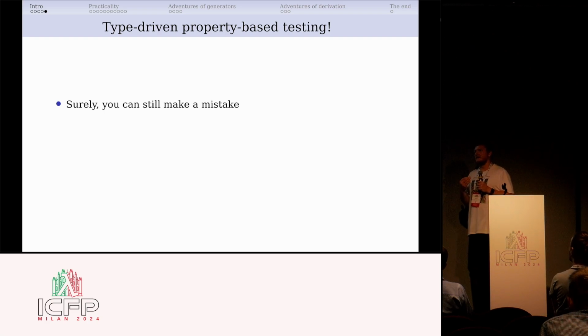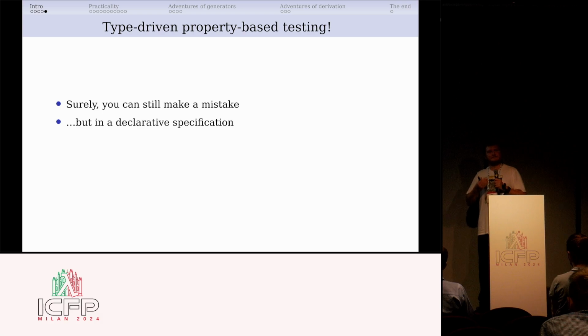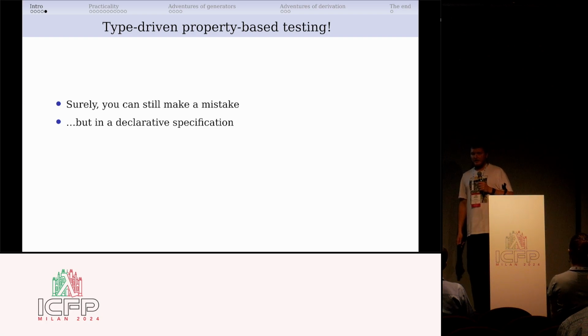We can still make a mistake in our specification, but compared to the handwritten generator of sorted lists, it's still a declarative specification. A type is probably a little bit easier to think about and reason about.